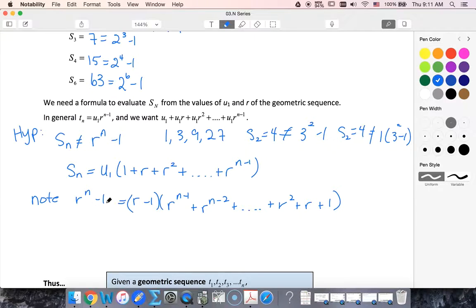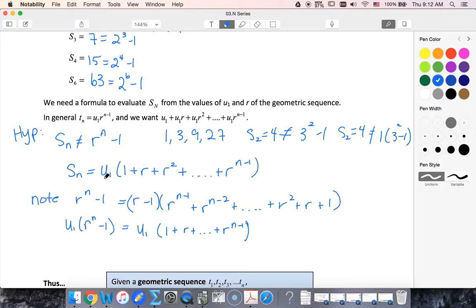If I multiplied both sides by u1, I would get u1 times r to the n minus 1 equals u1 times this quantity. If I put this in ascending order, I'm going to get 1 plus r up to r to the n minus 1. I still have this r minus 1, but this is what I want.